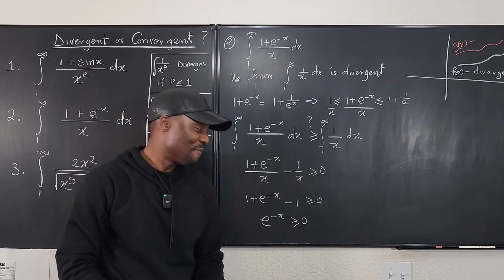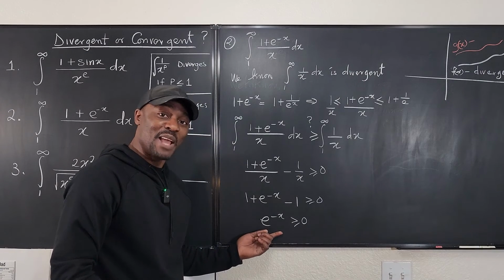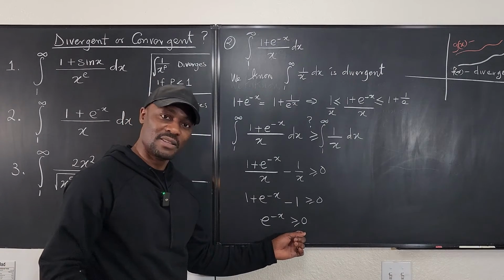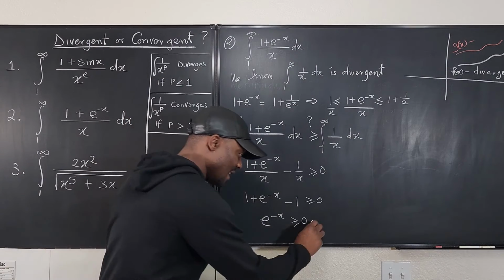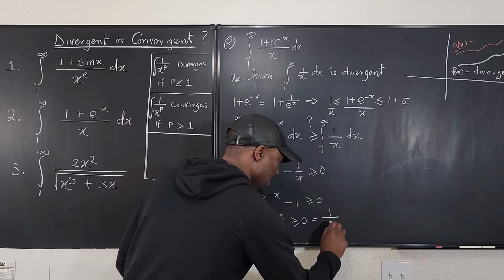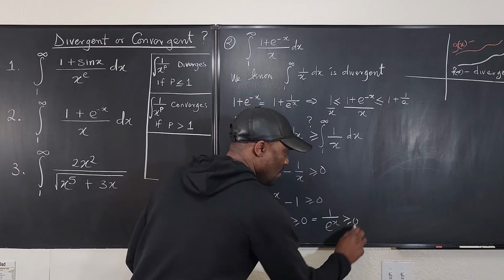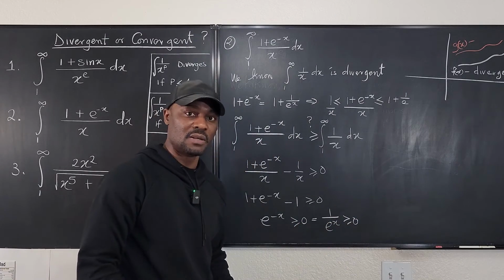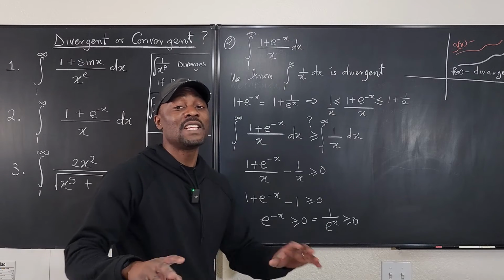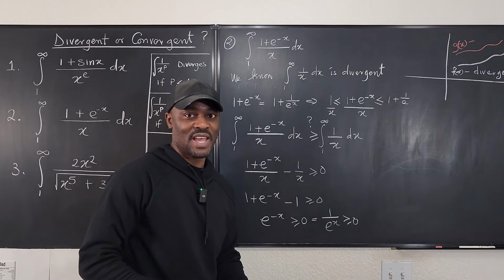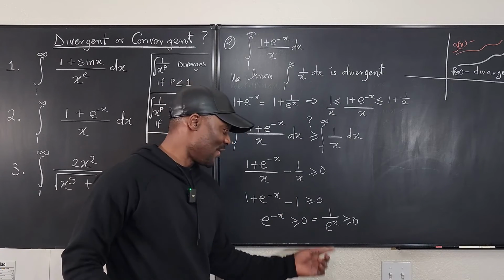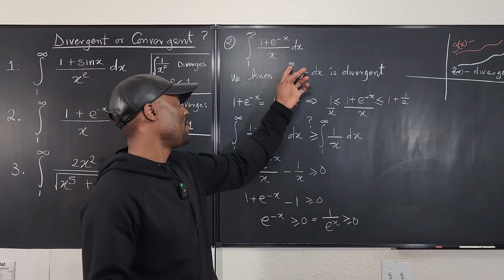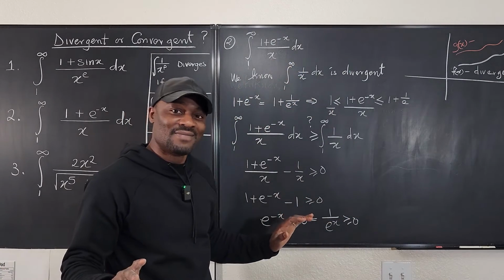Yes, it is true, because any exponential function is always above the x-axis. It's always greater than 0. So this statement is the same thing as writing 1 over e to the x is greater than or equal to 0. This is a true statement because this is always positive, or at least always non-negative. The only time this even becomes 0 is as you approach infinity, which is part of what we're doing, so it's okay.